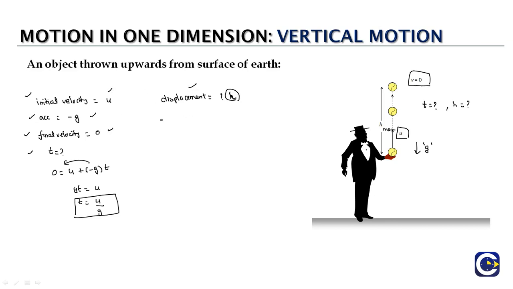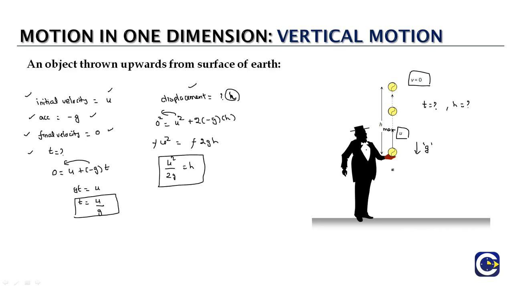The equation that relates these variables is v square equals u square plus 2as, where s represents the displacement. So v square, the final velocity square, is 0 square, equal to u square plus 2 into acceleration, minus g, into displacement, here h. On rearranging, u square comes to the left side and becomes minus u square equals minus 2gh. Minus minus cancels, so u square by 2g equals h.